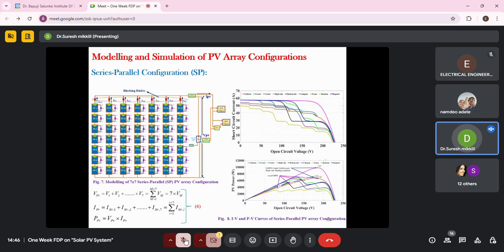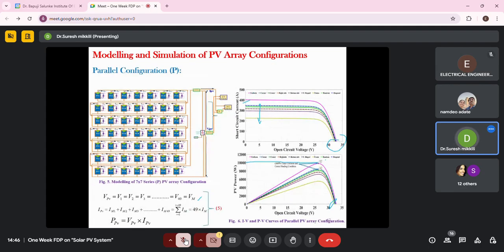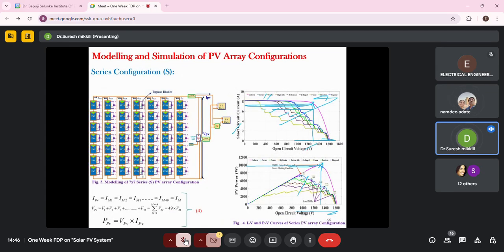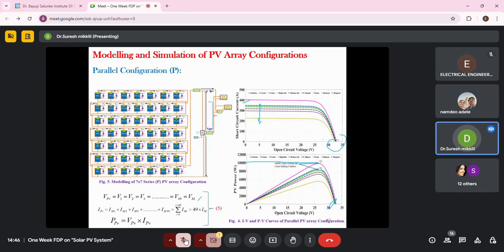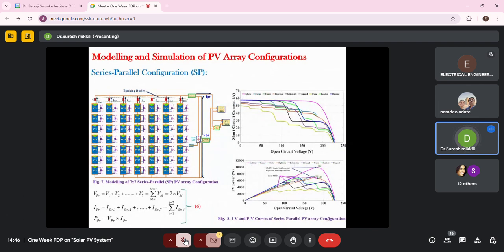Next, I have taken series-parallel. In the first one, high voltage, low current application, power is the same. The second one is low voltage, high current application. The third one is series-parallel. In the series-parallel configuration, seven are connected in series in a string.